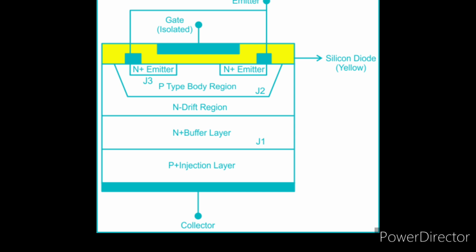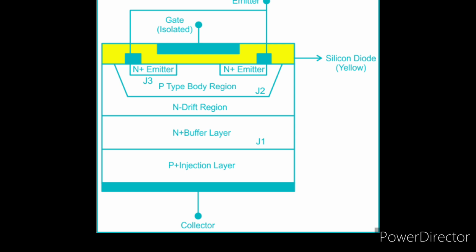With the inversion layer, a low resistance path is created for both holes and electrons to flow between the emitter and the collector terminals. Because of this inversion layer, the electrons from the N plus emitter move into the p-type body region. So whenever electrons move from N plus emitter into the p-type body region, the current starts flowing. Till now, the operation is similar to a MOSFET.